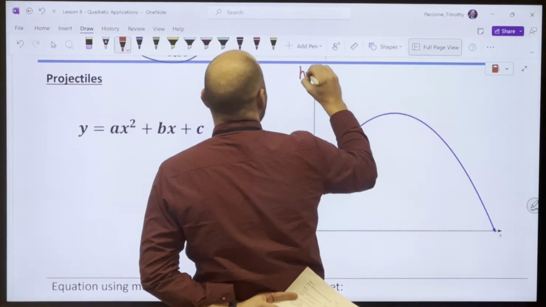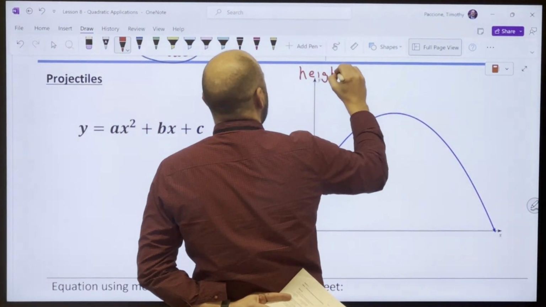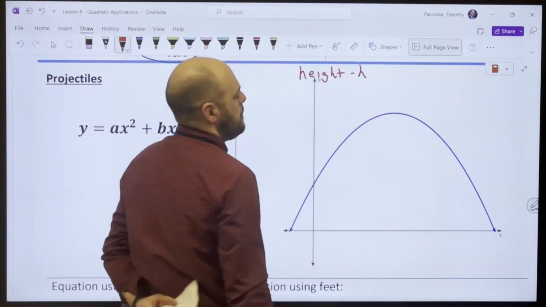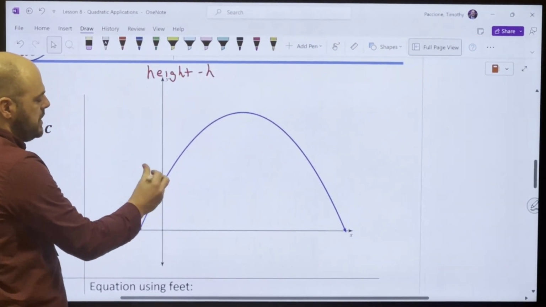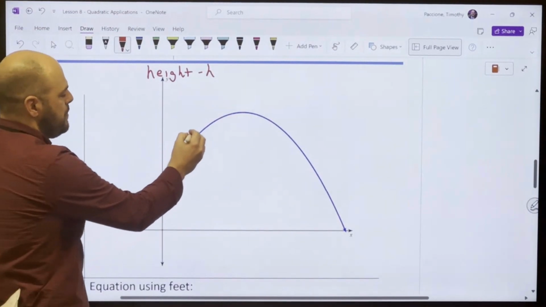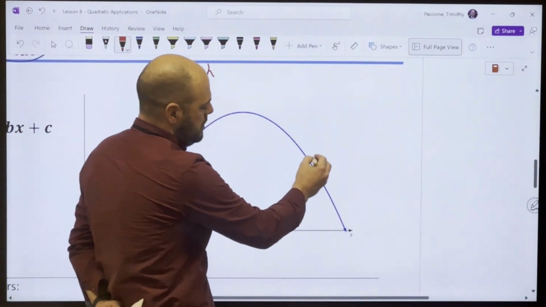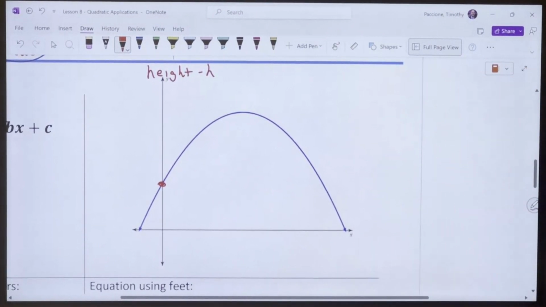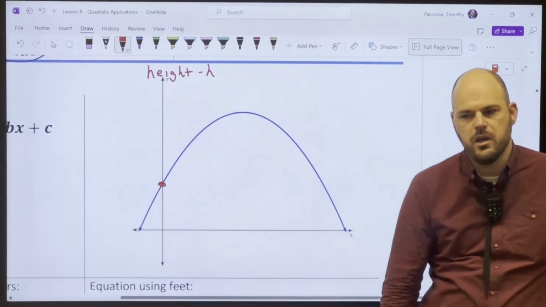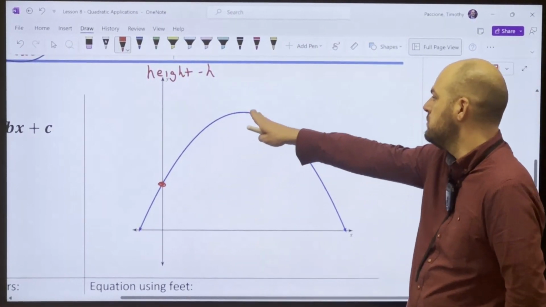So why not just use h? And then here's the other thing. It starts here, it goes up, it gets to the top, and it goes down, and it hits the ground. What else changed? Not distance, although that is something you could measure another way. What else is changing? Displacement.